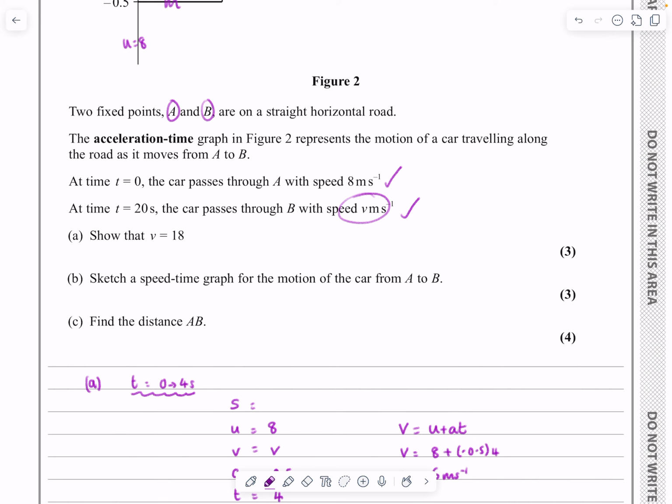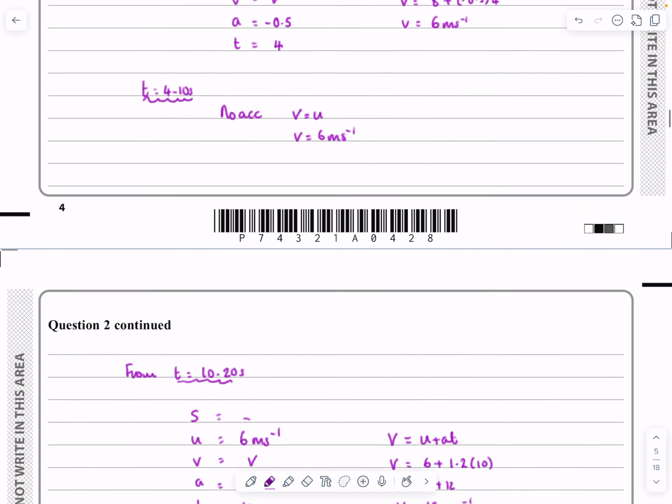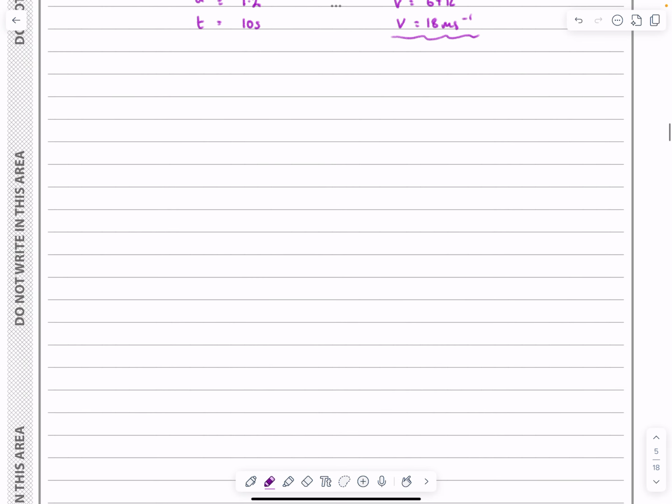For part B then, it says, can we draw or sketch the speed time graph? Let's think about what we're going to do for this one. So obviously, velocity on one side, time on the other. It's a speed time graph I'm doing. From what we were told, we knew that it was decelerating.